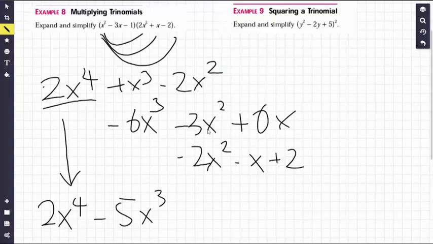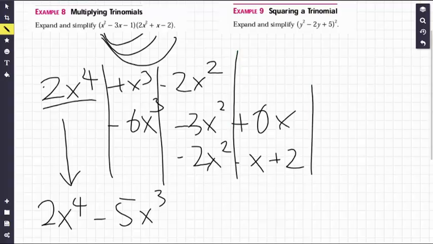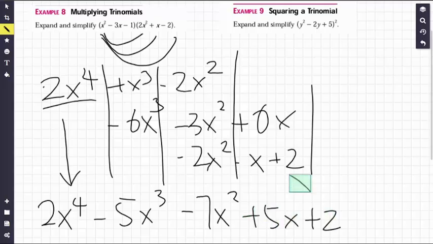And see guys, this is why you should list them in this order, so you know this row, and this row. So now that's minus 2, minus 3, minus 2. So that's going to be negative 7, minus 7x^2. And then finally here, we have plus 6x minus x plus 5x plus 2, which is right here.